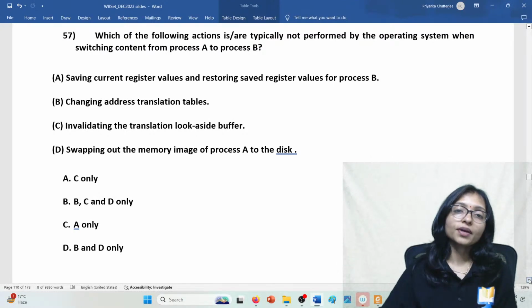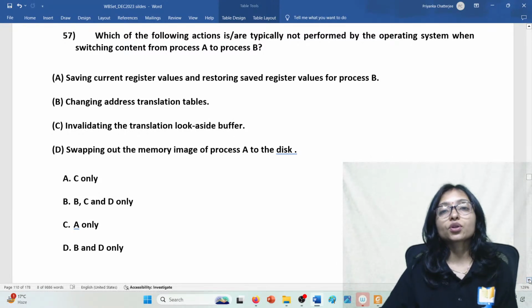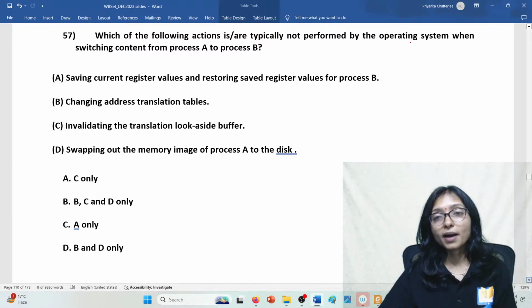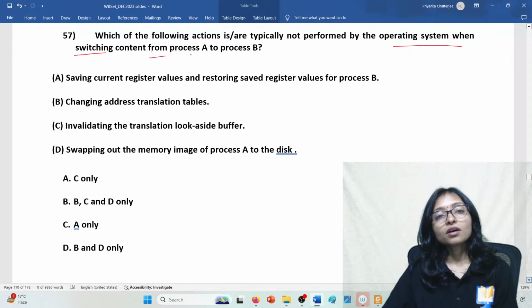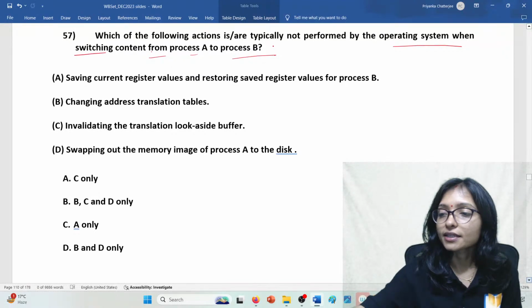Which of the following actions is typically not performed by the operating system when switching context from process A to process B?